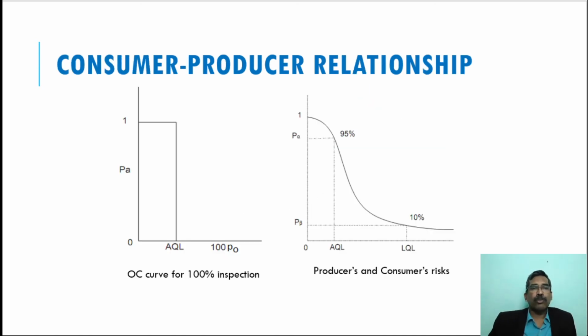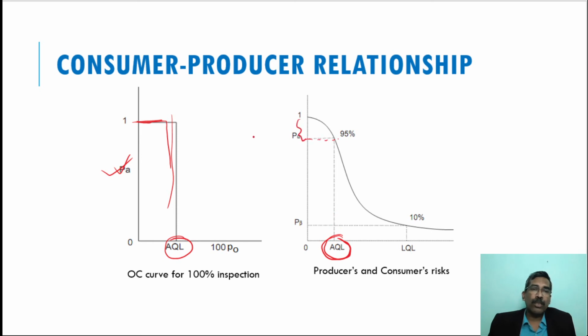Now this is the consumer producer relationship. If there is 100% inspection, this is the acceptance quality level, and the probability of acceptance is 100%. But if there is no 100% inspection, we use sampling. Then in that case, this is the acceptance quality level, and up to this acceptance quality level, there is risk.